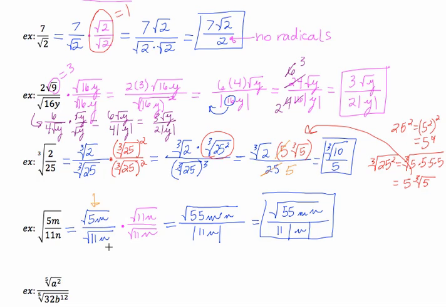Otherwise you couldn't take the square root. And if m and n are both positive, then you don't need these absolute value bars down here. However, that's not true. M and n could both be negative, and this expression would still exist because you would have a negative divided by a negative. They would cancel, and you would still have the square root of a positive number. So the absolute value bars are actually necessary in this particular example.